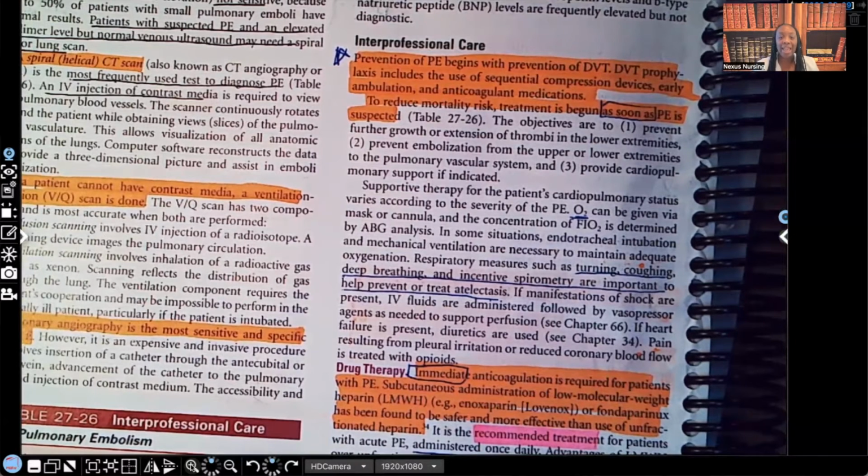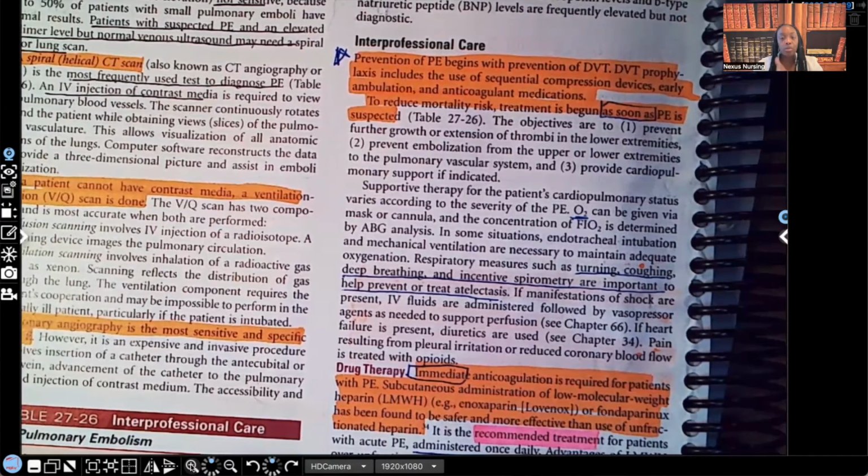So DVT prophylaxis includes, you need to know this, the use of sequential compression devices, early ambulation, and anticoagulant medications. Specifically, usually the patient will be placed on Coumadin, but there's other medications that they may give if the patient cannot get that. All right. To reduce mortality risk, treatment is begun as soon as pulmonary embolism is suspected. Notice it says suspected and not confirmed.